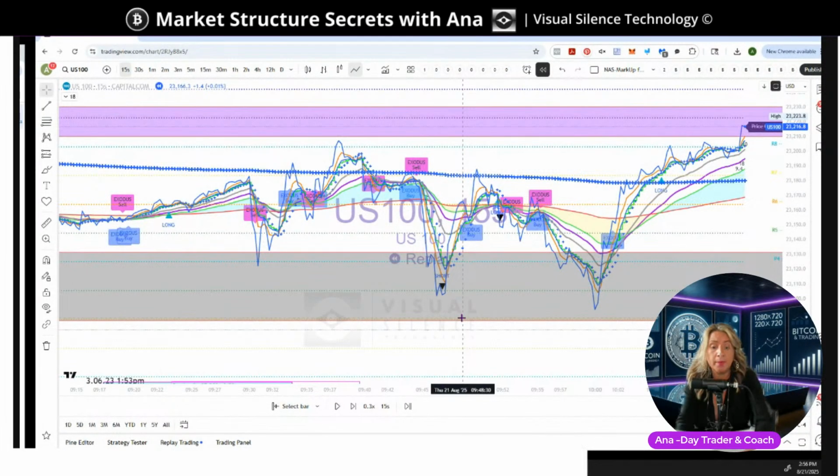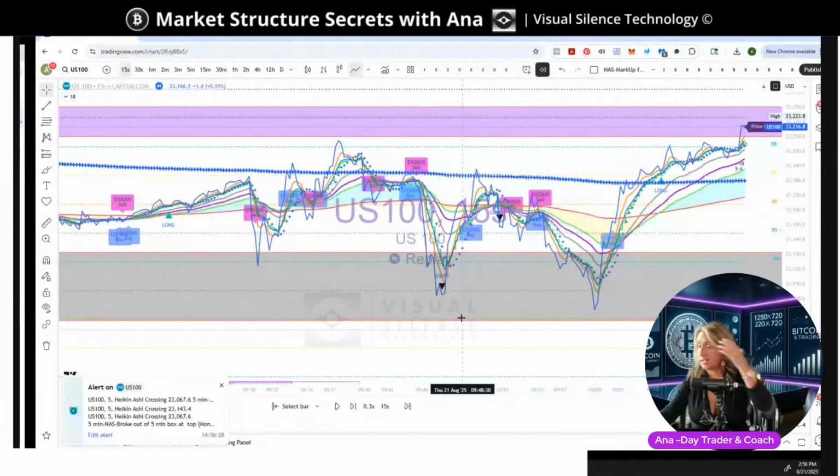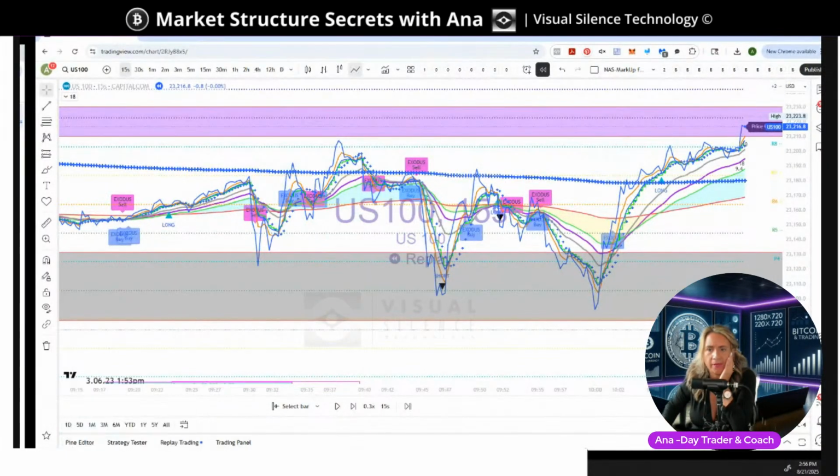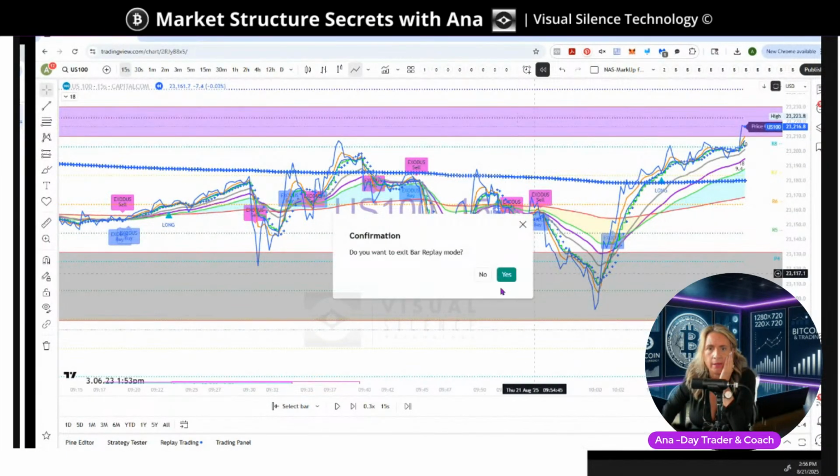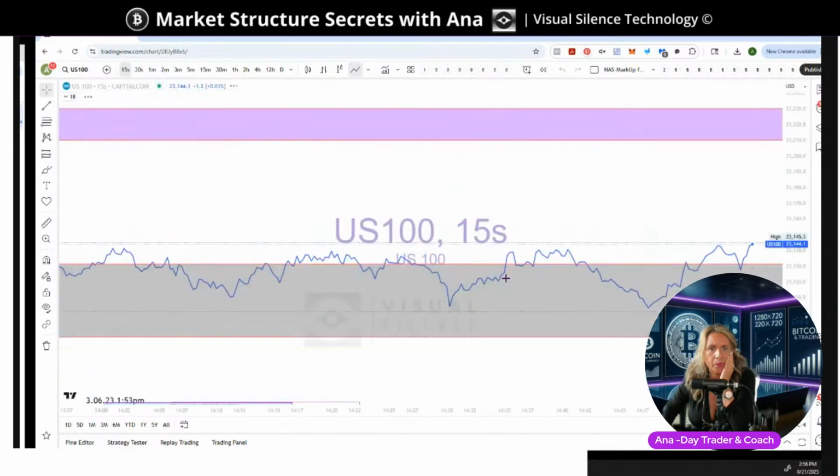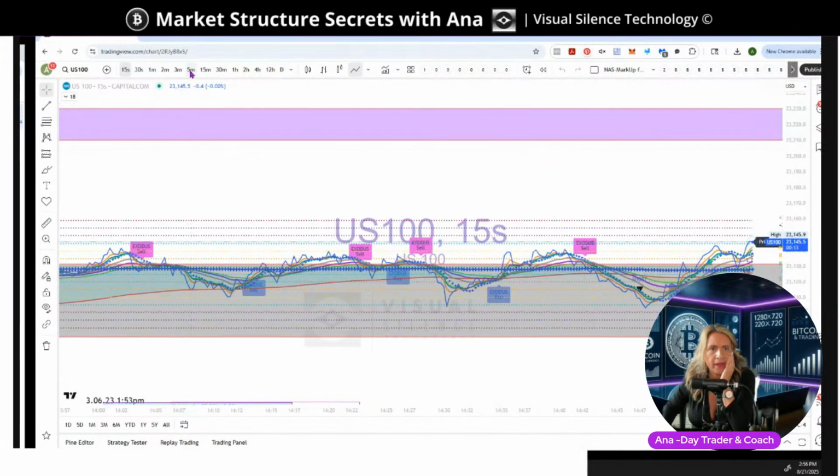Let me make sure I'm in a little bit of an organized fashion here. All right. So what we'll do is we will step back and look at the 5 minute chart, and I'll show you. I kind of was going to do it different, but I'll follow this little outline here. So let's go to the 5 minute chart.